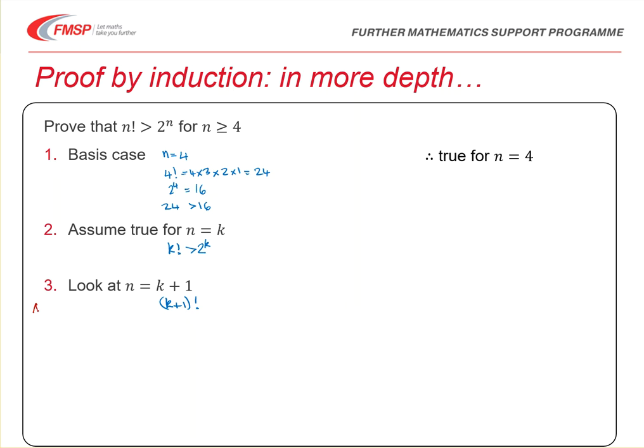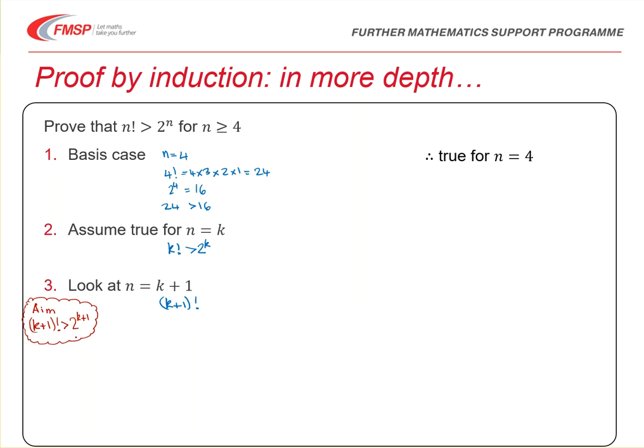In this step, I think it's often useful to write down what you're aiming to show. So you're aiming to show that k plus 1 factorial is greater than 2 to the power k plus 1. And I'm just going to leave that over there as something to aim for.